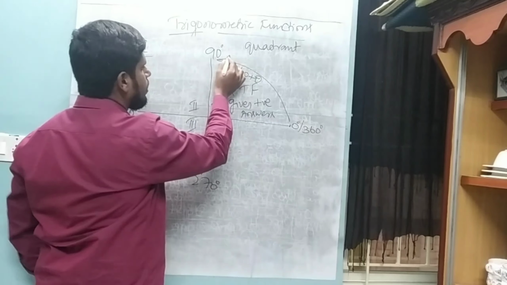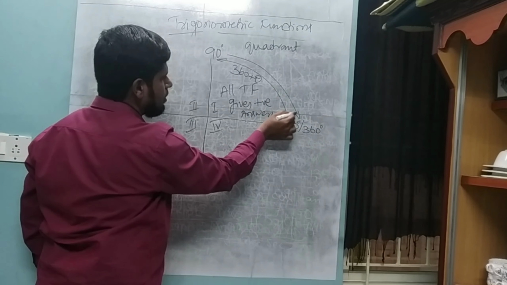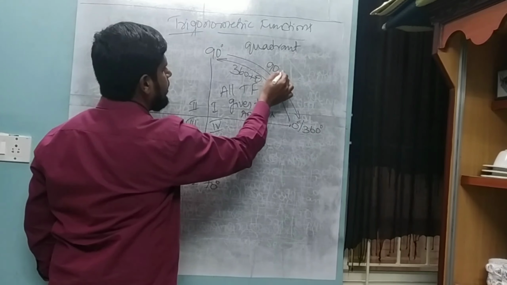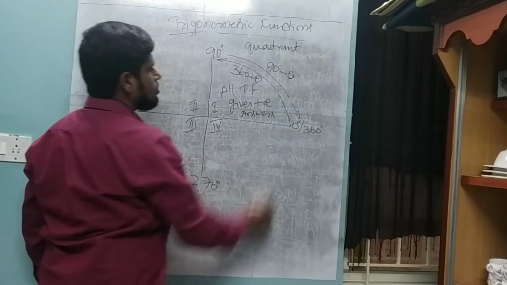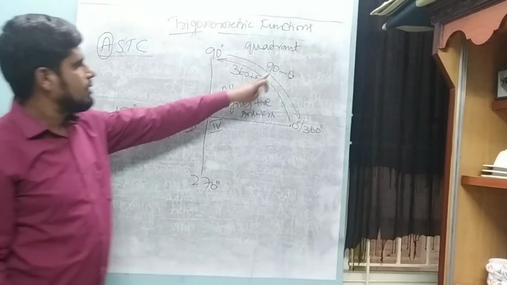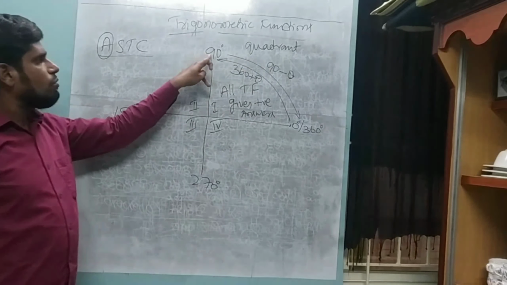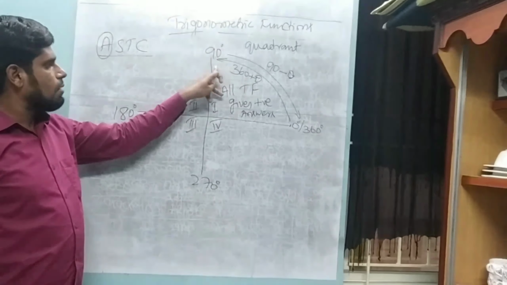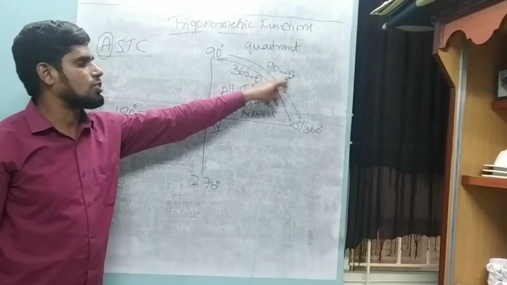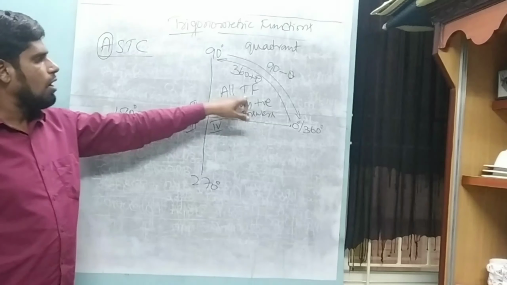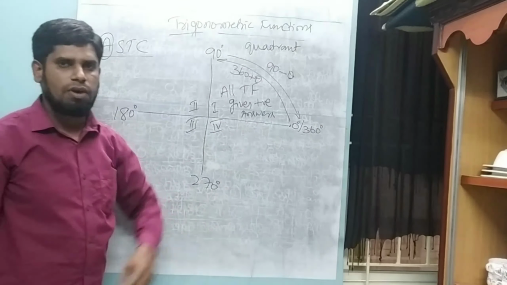The other way of representing the first quadrant is the reverse way, that is 90 minus theta. If I remove something from 90, that automatically falls in the first quadrant. So in the first quadrant, all trigonometric functions give positive answers.